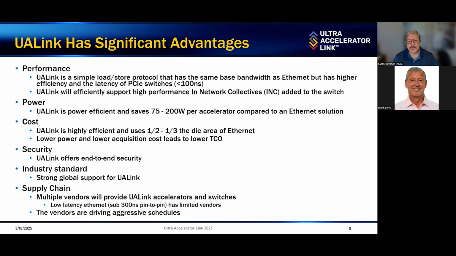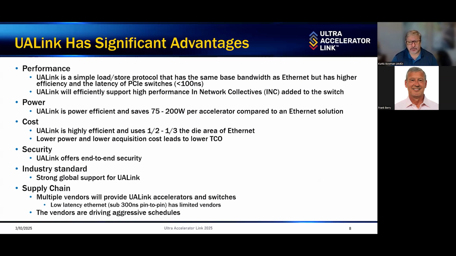Also, we're using switches that are much more similar to PCIe switches compared to Ethernet switches. So our pin-to-pin latency inside those switches is somewhere in the 100 nanosecond range. We also see that we can very easily add collectives into our network, which allows you to offload the accelerators for some of those simple tasks that need to be done.